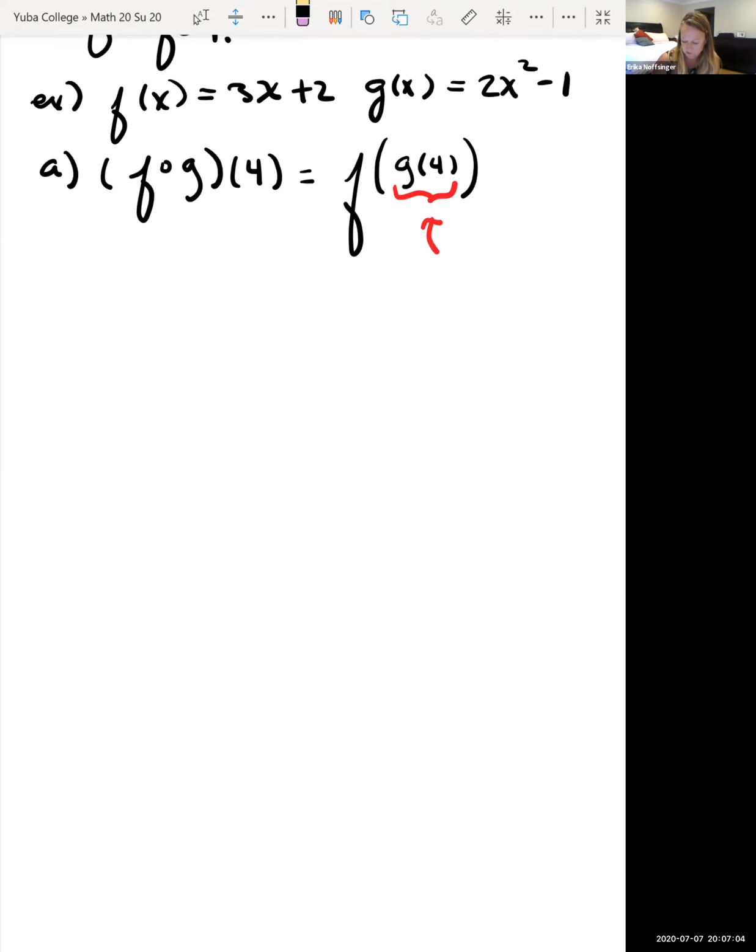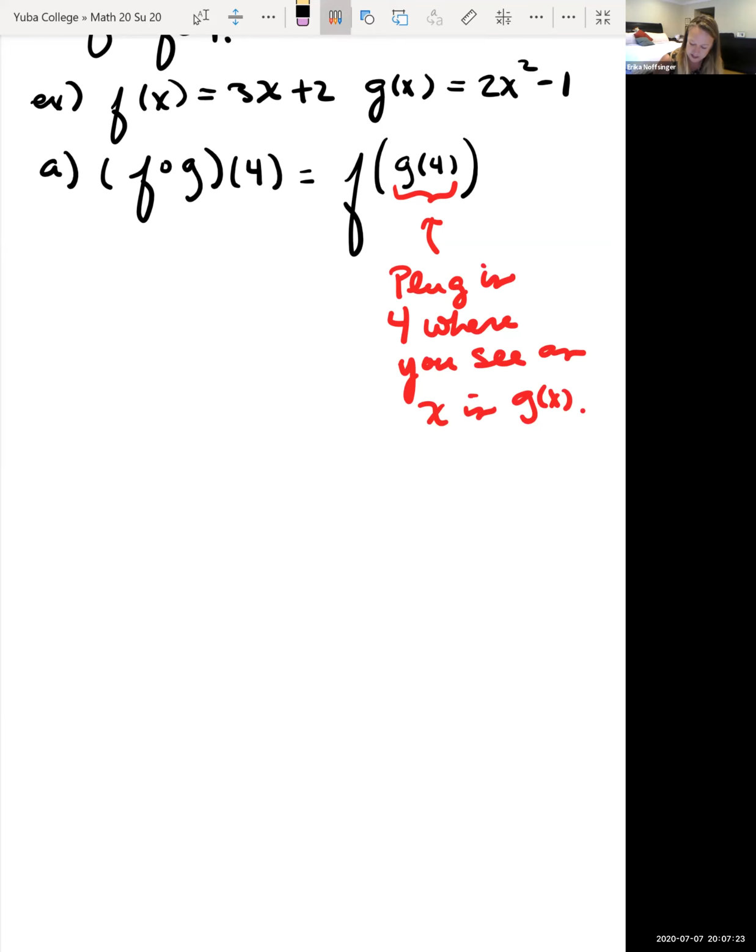This is saying plug in 4 for x, wherever you see an x in g of x. So g of 4 would equal 2, you see an x, put parentheses, squared minus 1.